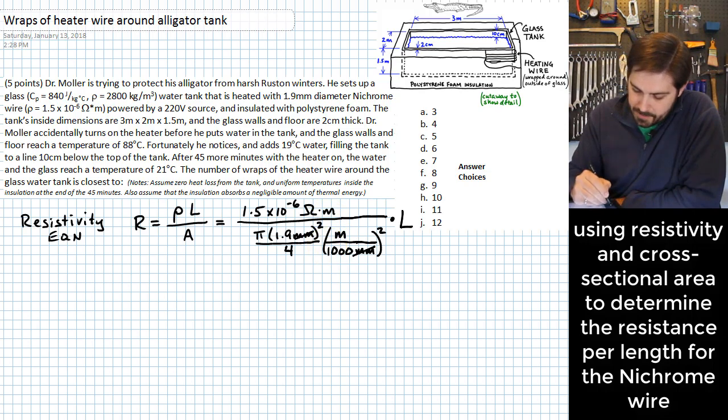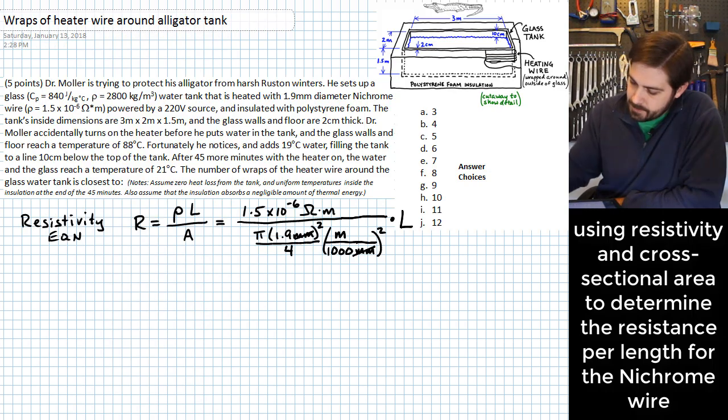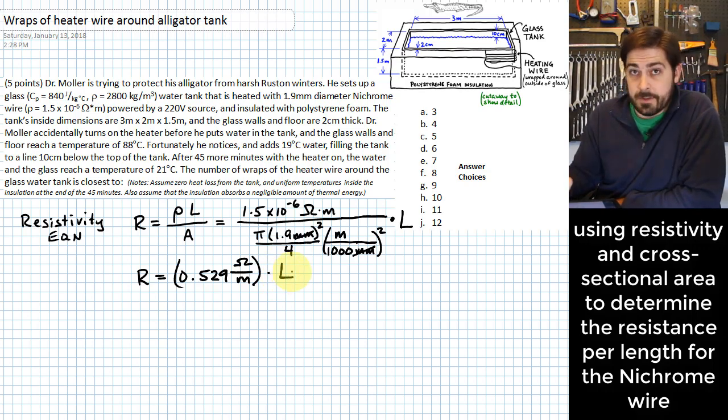And so that value that I just had on my calculator, 0.529 or so, is a number of ohms per meter of length of this wire. So let me put that in here. R is going to be equal to 0.529 ohms per meter times the length of the wire.